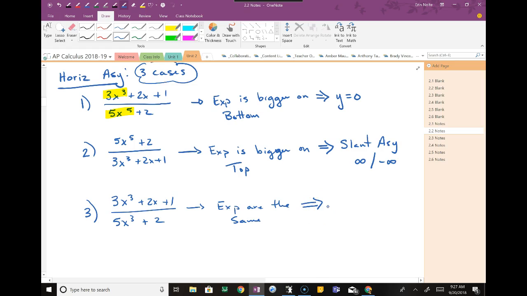Okay, that is specific to the function. So for our example, where would I have my horizontal asymptote? 3/5, very good. Okay, so that simply comes from the coefficients that are in front of our 2 biggest exponents.